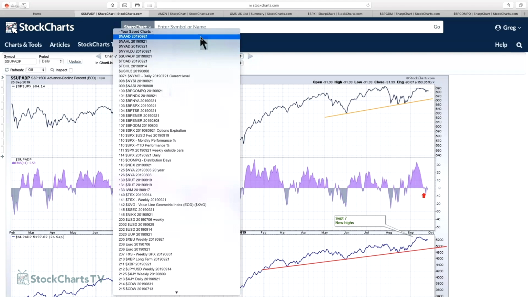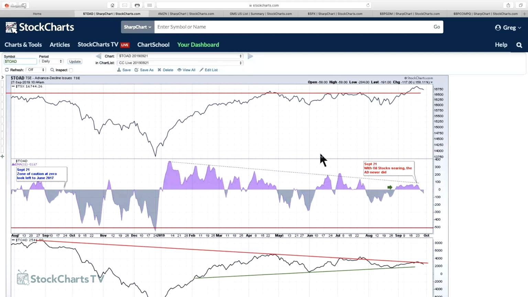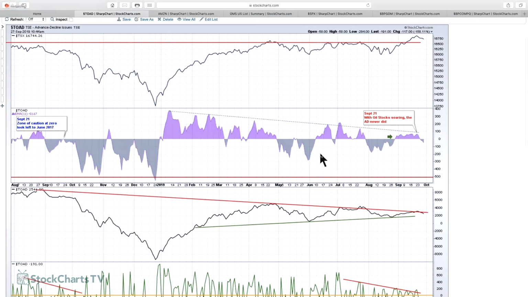Now, I just want to show you the Canadian market for two reasons. One is there are some Canadian viewers, and second is that it's put in a whole different profile. This is the advanced decline line, and you can see it drizzling lower here. Oil rocketed up for a week with the Saudi oil fields under attack.